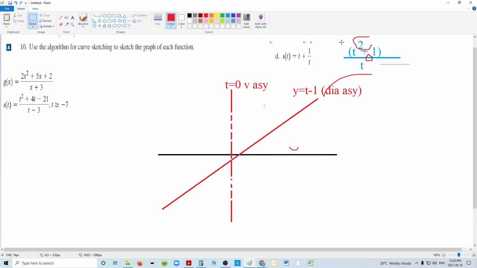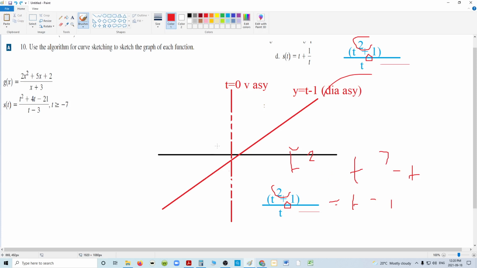So to see if it ever crosses the line t minus 1, you make it equal to t minus 1. You bring this t up, you get t squared minus t squared plus 1. So there you go, t squared minus t, that's important.